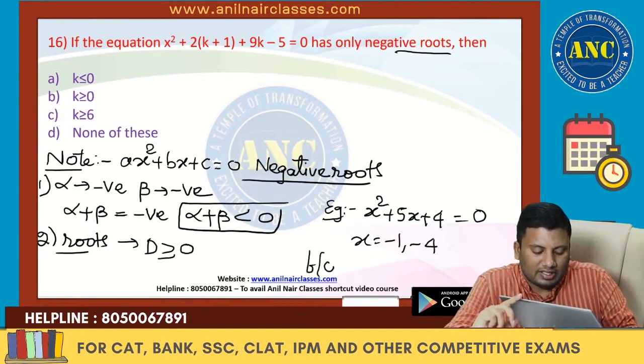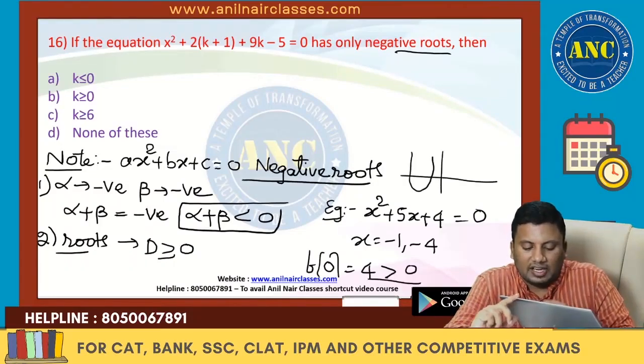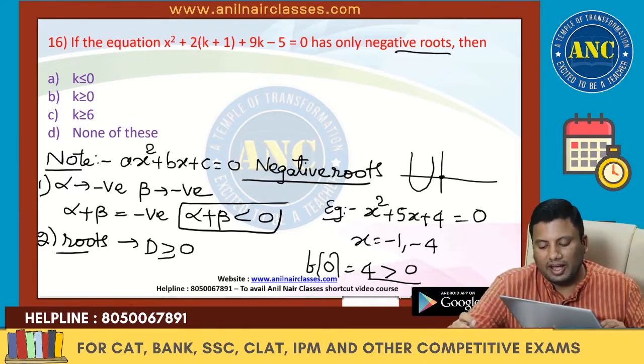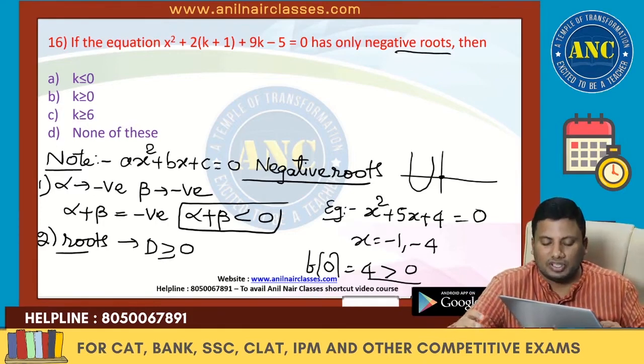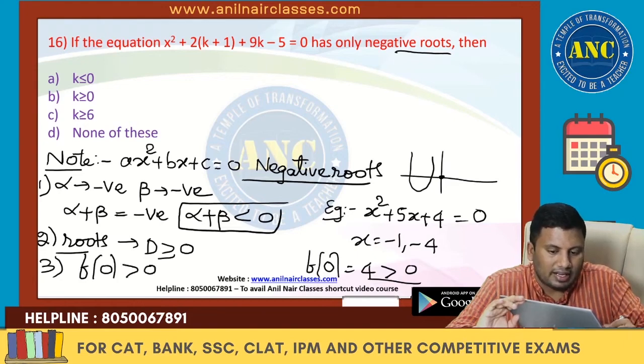If I put x equivalent to 0, this 4 is greater than 0. The graph is like this. If I put x equivalent to 0, the value is coming out to be positive. So f of 0 should be greater than 0.